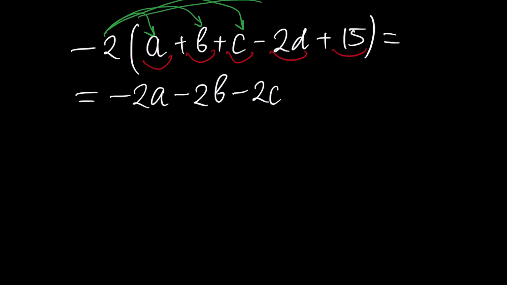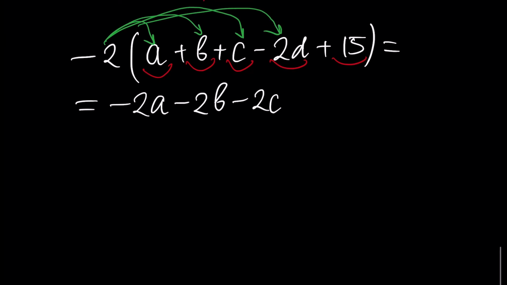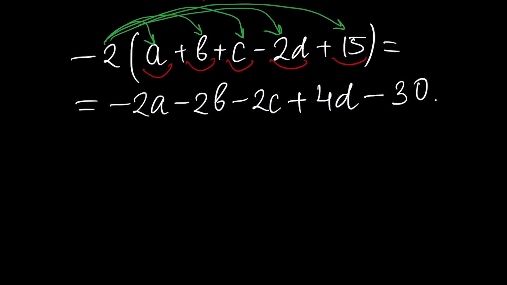Next, multiply with next element, it will be minus and minus gives us plus, and 2 times 2 is 4D. And multiplication with last element gives us minus times plus is minus, and 2 times 15 is 30.